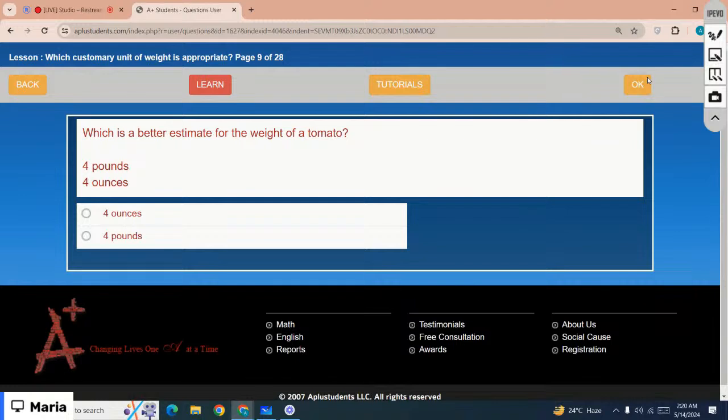Which is a better estimate for the weight of a tomato? 4 pounds, 4 ounces.